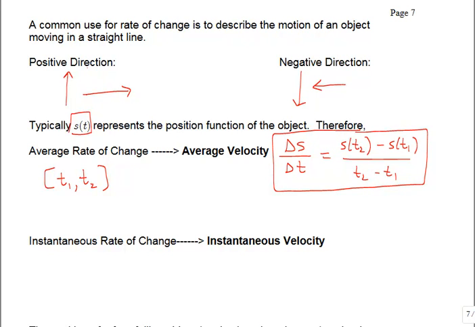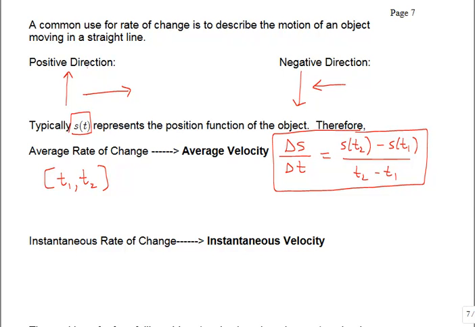Change in position over change in time. And just as a little side note, you could do s of t1 minus s of t2 over t1 minus t2. That would work as well. You just want to be consistent on the top and the bottom. So average velocity gives you this interval of time, and you're just finding the change in position over the change in time.